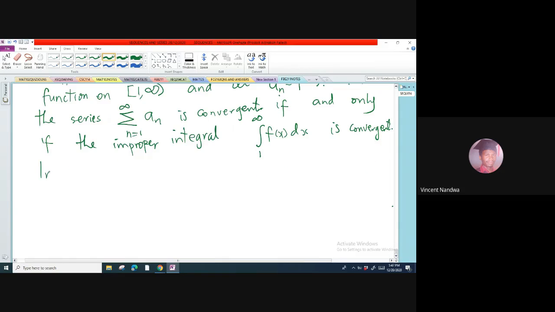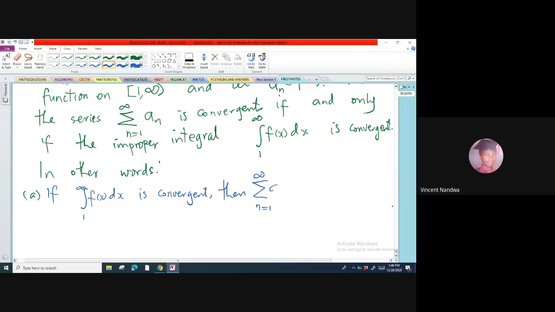So in other words, A: if the integral from 1 to infinity of f of x dx is convergent, then the series is convergent too.